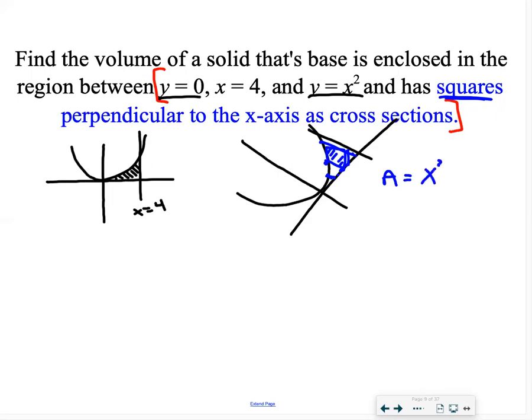So I'm going to say x squared, but then the height of that, because we want to take the surface area, this times this. Well, if it's a square, your length and your height are always the same. So it's x to the 4th. That gives us the area of that square knife that's cutting through, the surface area.